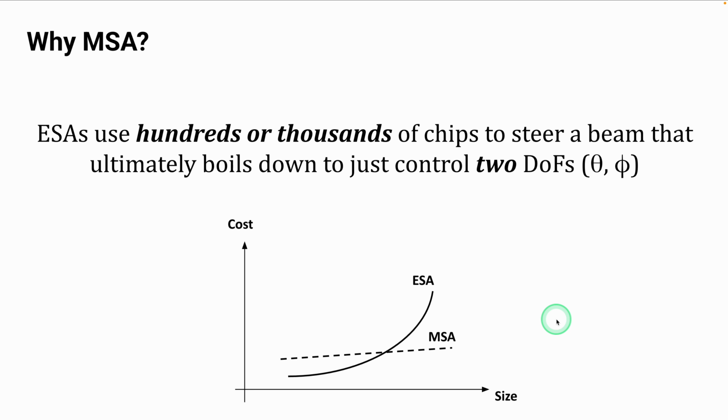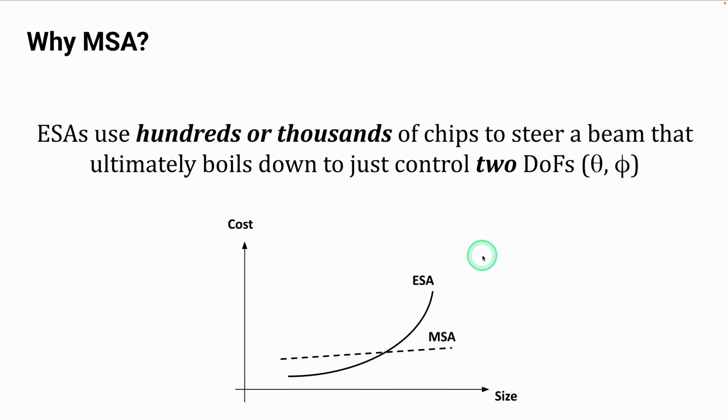Nowadays, kudos to the success of Starlink, ESAs have become the go-to solution for satellite user terminals. But back then, and maybe still valid right now, we think MSA design is more scalable. One of our design goals was to target $300 user terminals, making this technology more accessible.